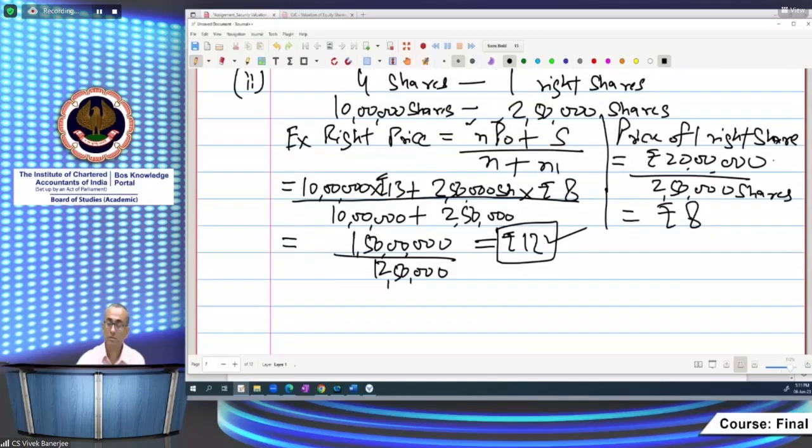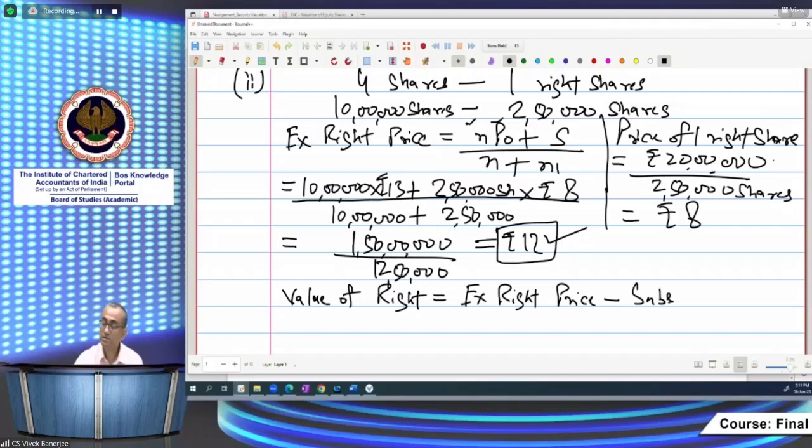Now, value of right. Value of right is equal to same formula, X right price minus subscription price.